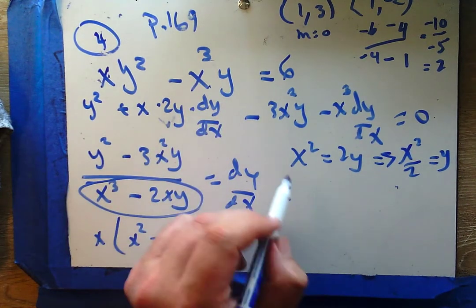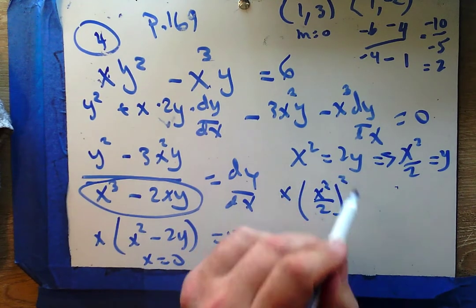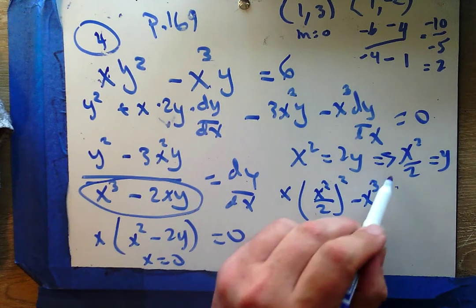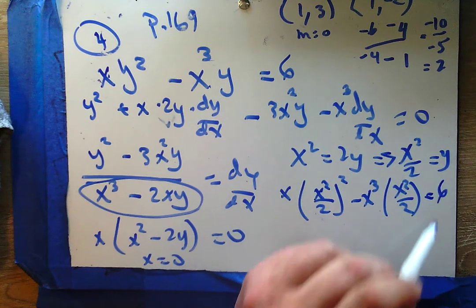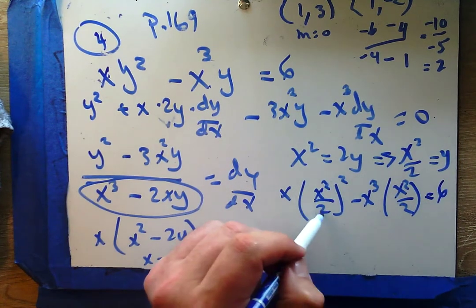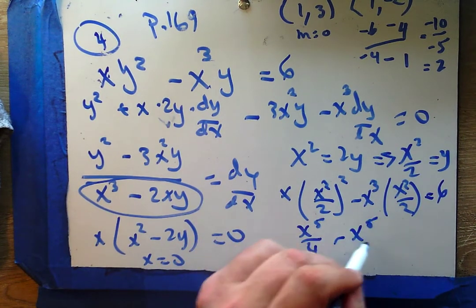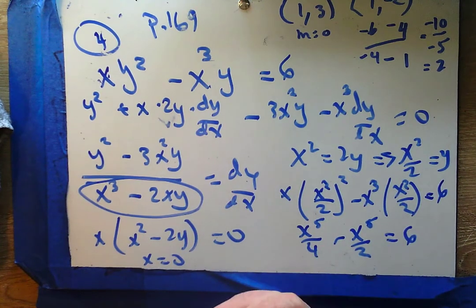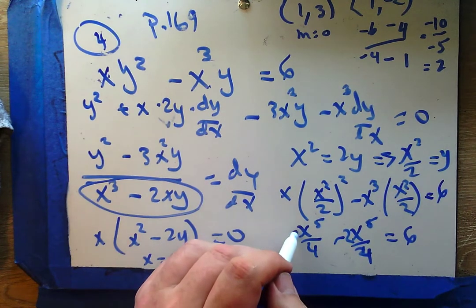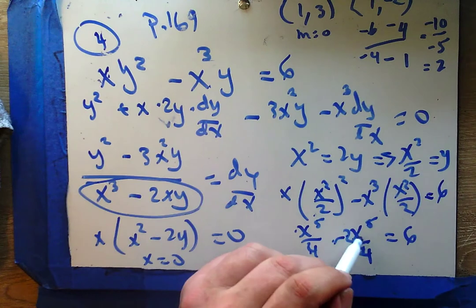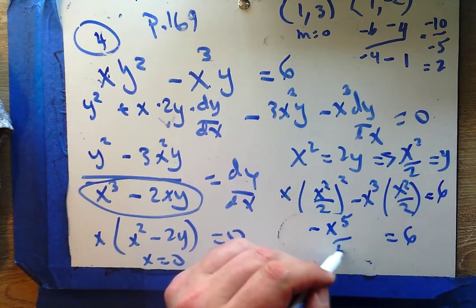And I want to plug that in. So I have x squared over 2 squared minus x to the third times x squared over 2 equals 6. Oh, I did make a mistake. When I squared the top, I didn't square the bottom. So I have x to the 5th over 4 minus x to the 5th over 2 equals 6. Let's make a common denominator. x to the 5th over 4 minus 2x to the 5th over 4 is negative x to the 5th over 4.